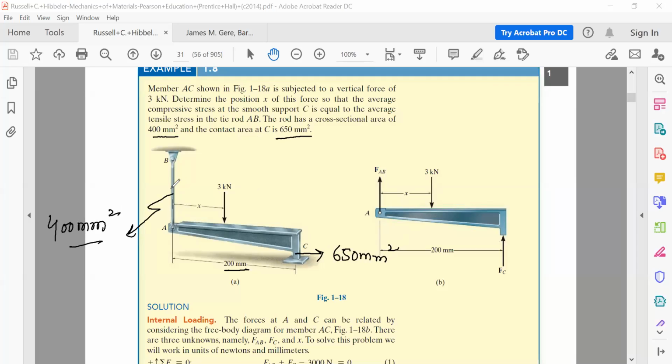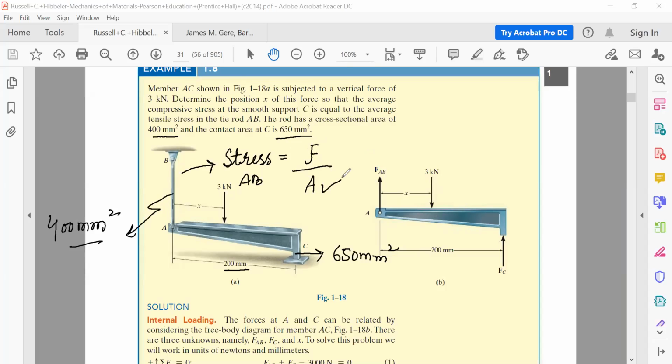Before we do these types of questions, what is very important is to draw the free body diagrams. If we are asked to calculate how much is the stress in rod AB, we should know how much is the force in rod AB and in which direction, divided by the area of rod AB.